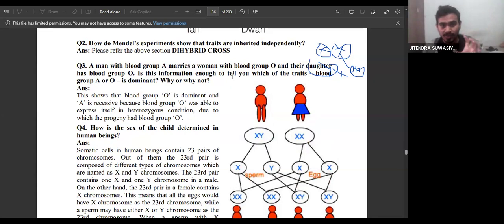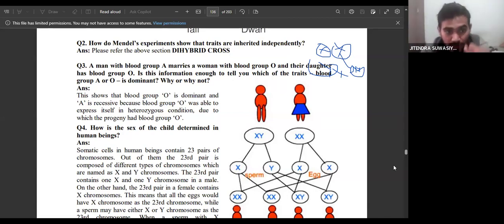See, a man who has blood group A marries a woman with blood group O, and their daughter has blood group O. After marriage they have children, and their daughter has blood group O. In these questions, they have shown that blood group O is dominant and A is recessive, because blood group O was able to express itself in the heterozygous condition, due to which the progeny had blood group O. Homozygous condition is like capital T, capital T, a pair of the same alleles; in heterozygous, capital T, small t.